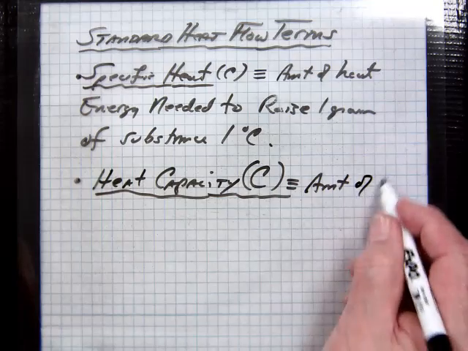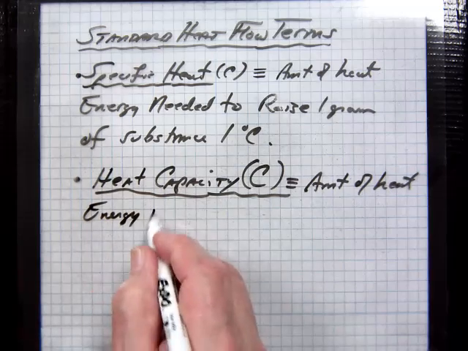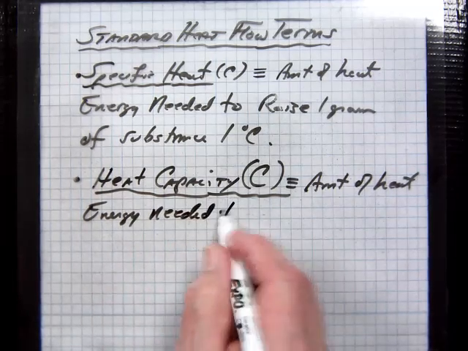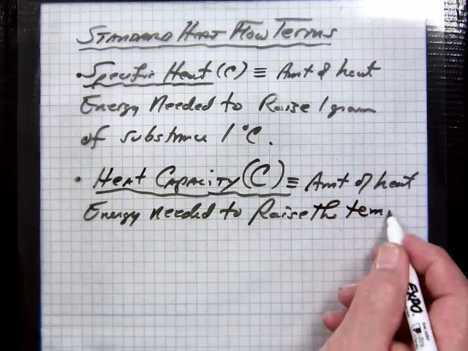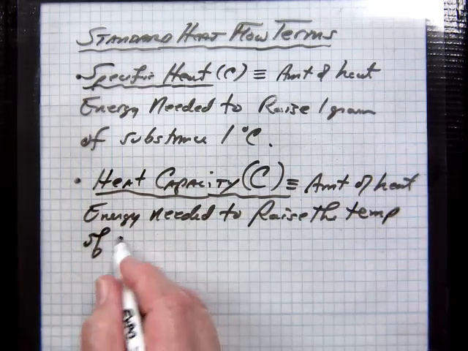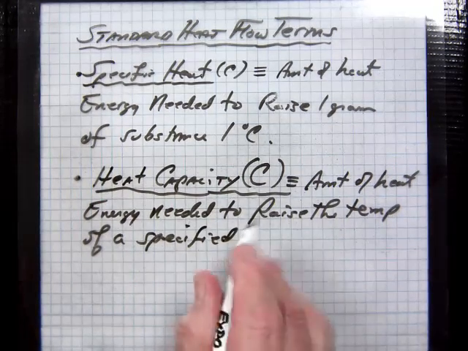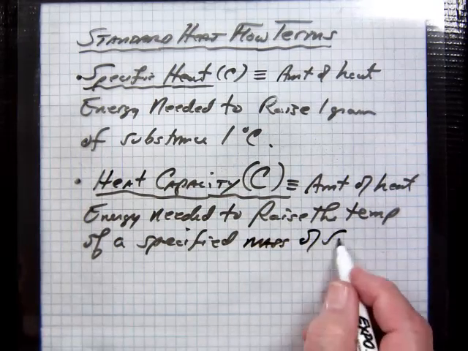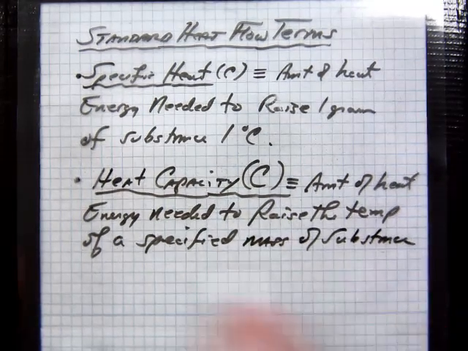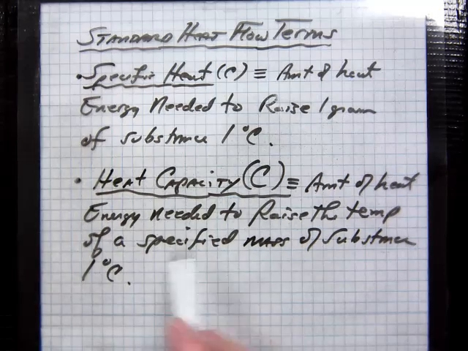The amount of heat energy needed to raise the temperature of a specified mass of substance 1 degree Celsius. They're all based on 1 degree increases. That's heat capacity. But the point is a specified mass.